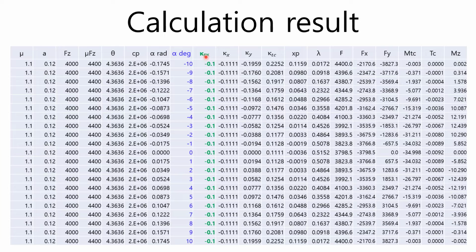And by fixing the side slip angle alpha degree to a new constant value and changing the longitudinal slip kappa px from minus 0.1 to plus 0.1 at an interval of 0.01, the new side slip angle constant curve can be obtained.